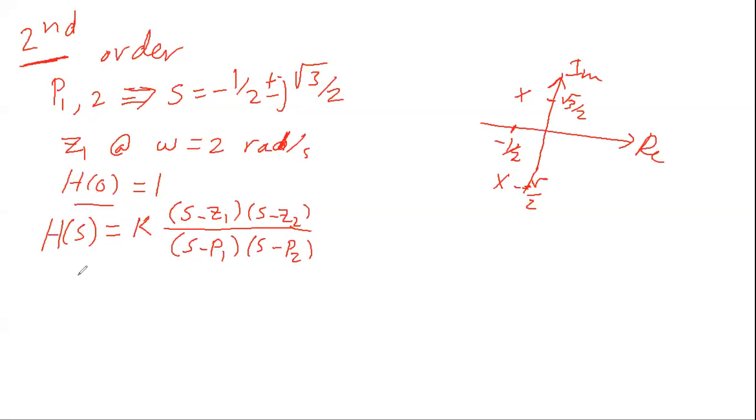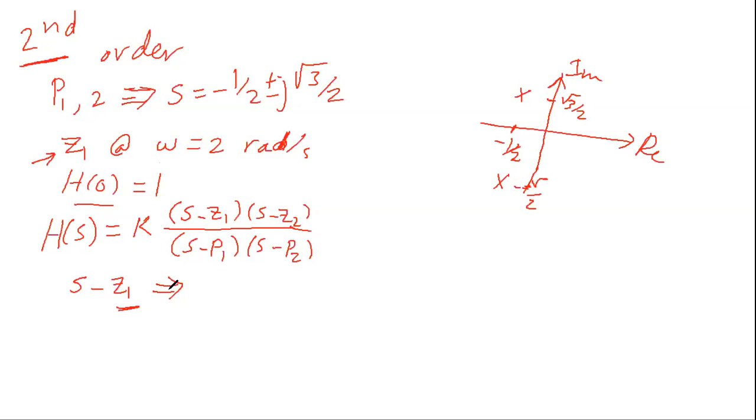For s minus Z1, this is the first zero. How do we know the value of Z1? We know it from this piece of information here: at omega equals 2, we have a zero.